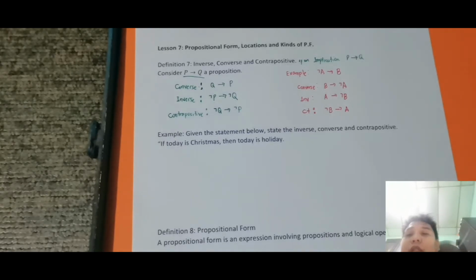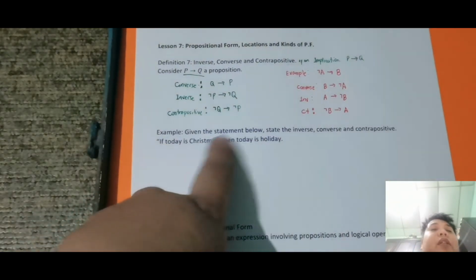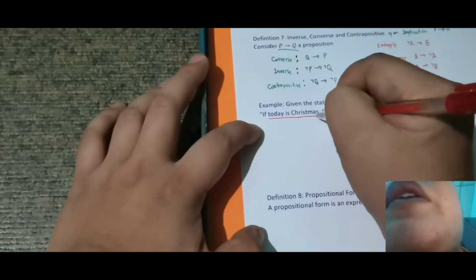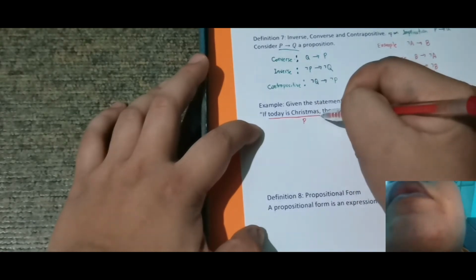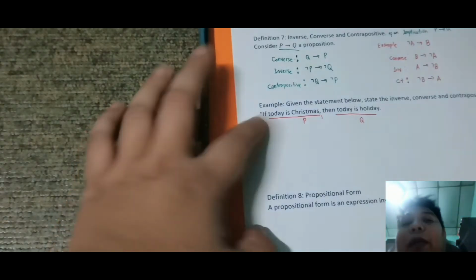Okay, so now, let's have an example. Given the statement below, state the inverse, converse, and contrapositive. So sabi, if today is Christmas Day, then today is holiday. So alam natin na ito ay P implies Q. So ito yung ating P. Ito yung comma, so ito yung ating Q. So if P, then Q. Okay, so now kunin natin yung converse niya.